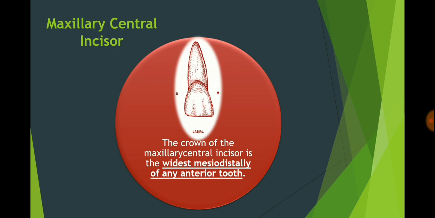The crown of the maxillary central incisor is the widest, measured mesiodistally, of any anterior teeth, including the canines. So, of any anterior teeth, which tooth is wider mesiodistally? It's the maxillary central incisor. Okay, so that's high-yield stuff that you're supposed to know.